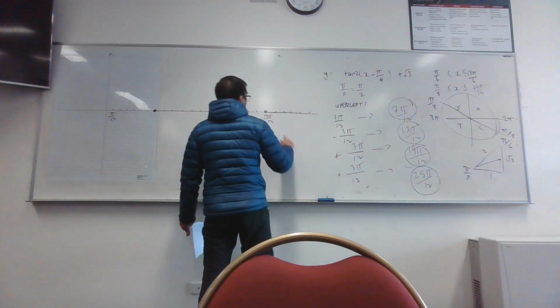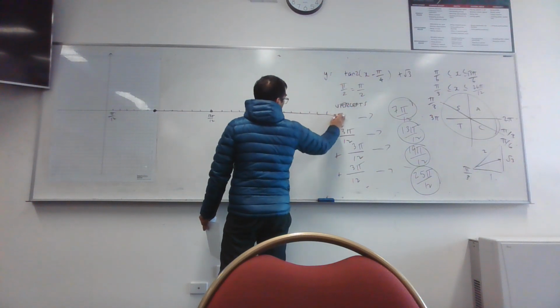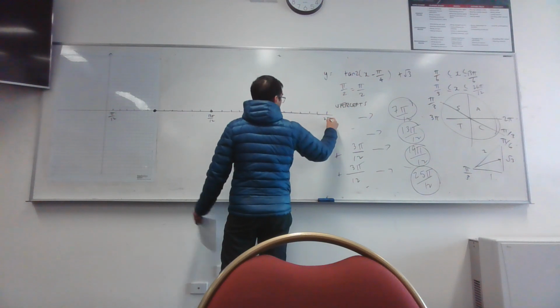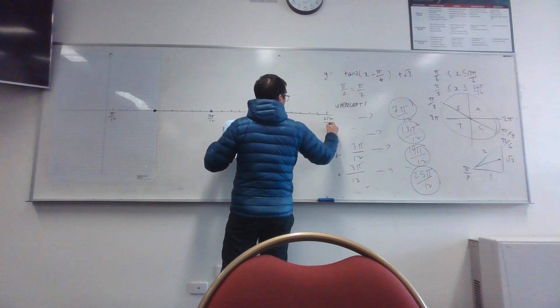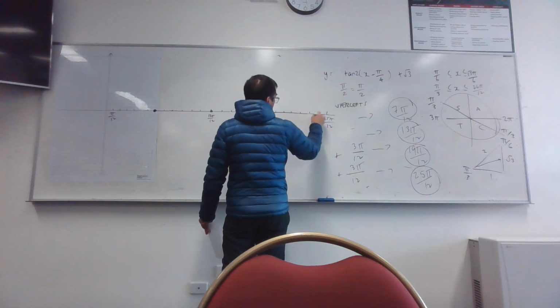Another 6 to go. It's messy. That's 25 pi on 12. Hopefully. 19, 20, 21, 22, 23, 24, 25. That's good.